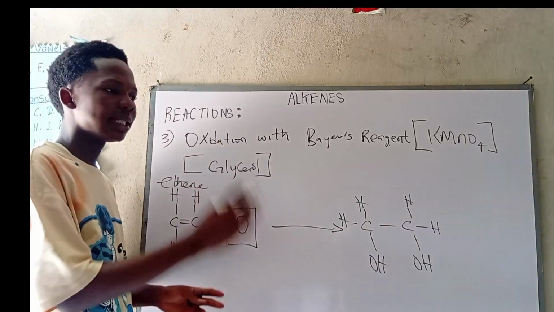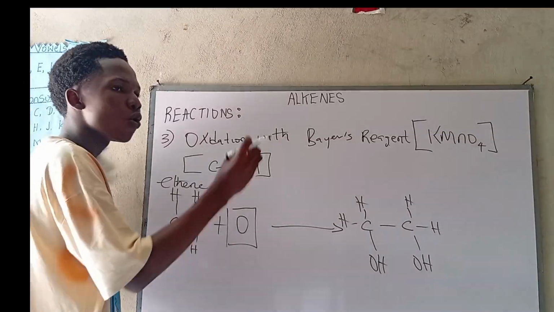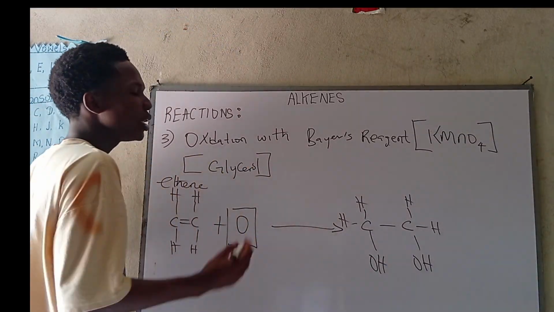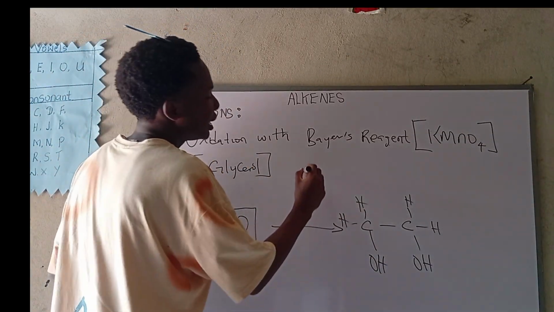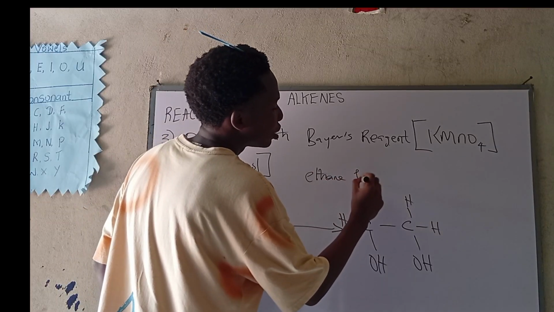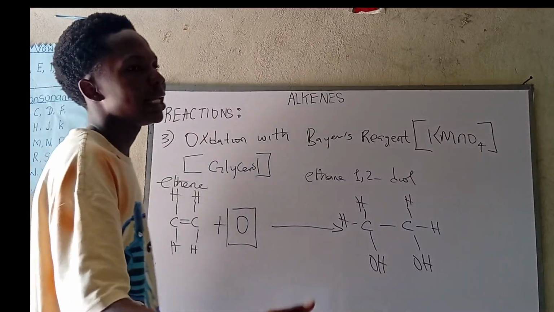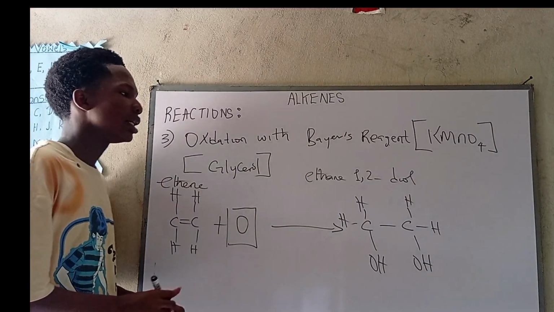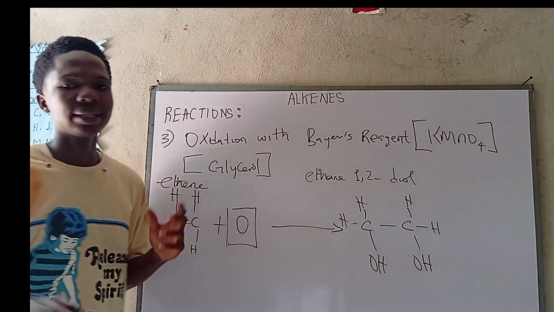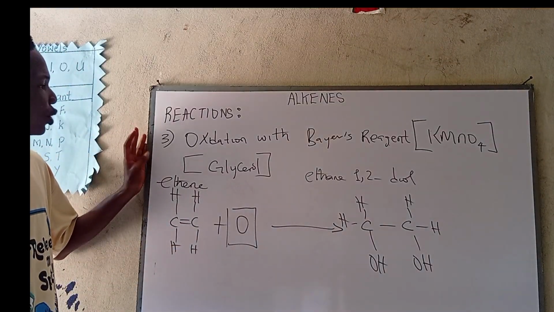So now it's an ethane, but it's not going to be called ethane because there are two OH groups present. So we can only call this ethane 1,2 diol or 1,2 ethanediol. This is also called glycerol. Okay, so now I think we are done with this.